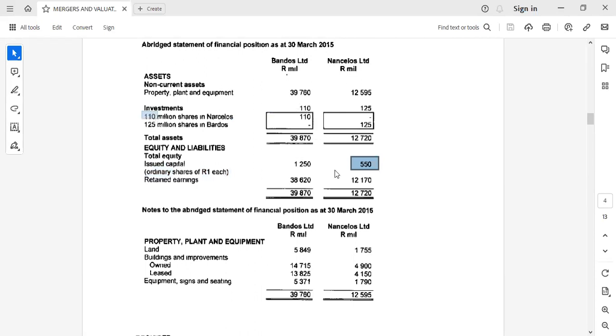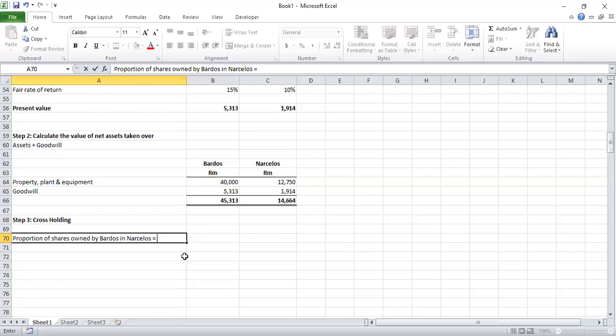So we can say that is equal to 110 divided by 550 multiplied by 100. What do we get? Thank you, 20%.